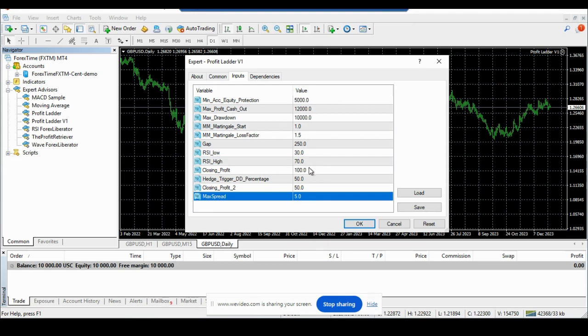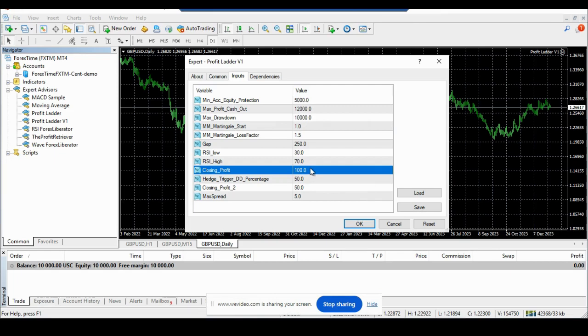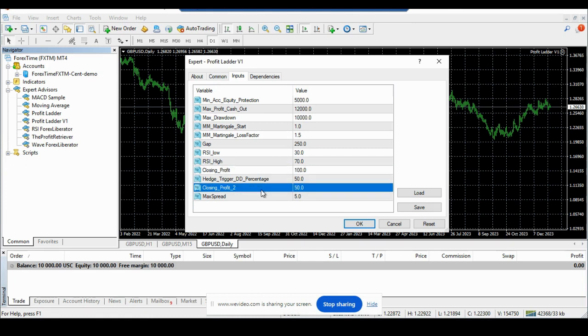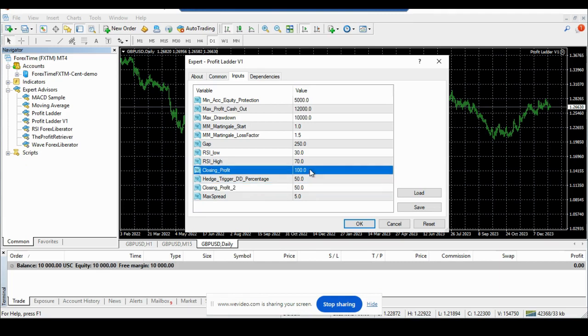And then you can also indicate the profits that you want. Now, just remember, closing profit is when you only have one type of trade open, either only buys or only sells. If you've got buys and sells open, then closing profit 2 applies. So closing profit here means that your account is not hedged at this point in time. You've only got buys open, or only sells open, and you want to take a profit of $100.